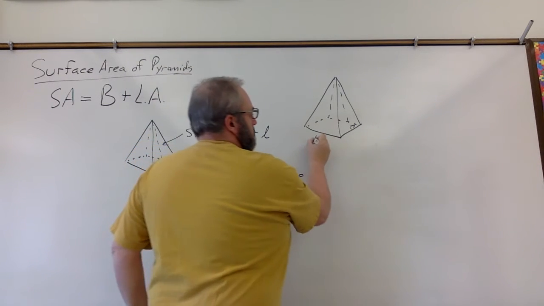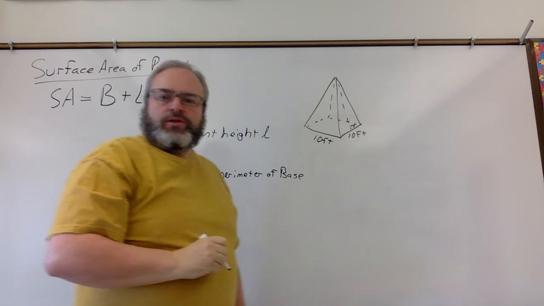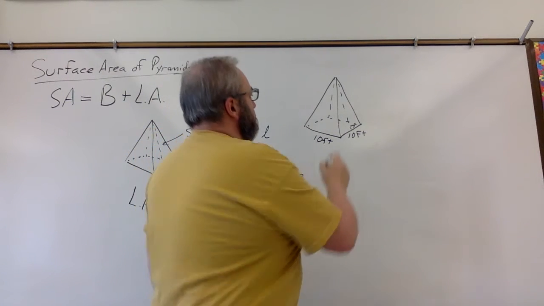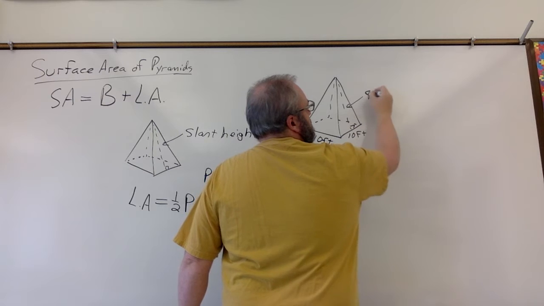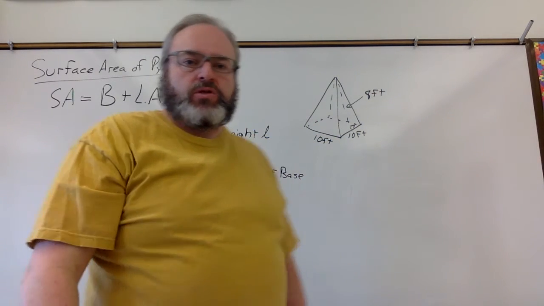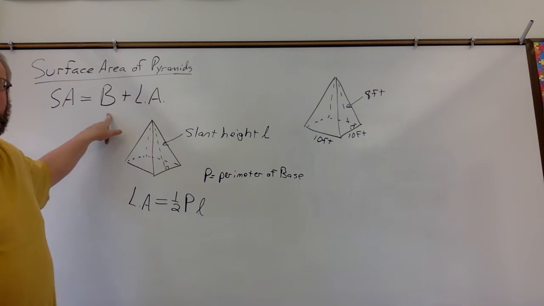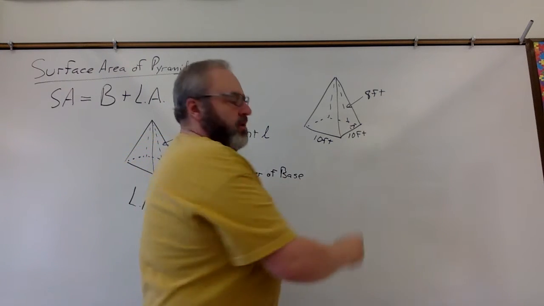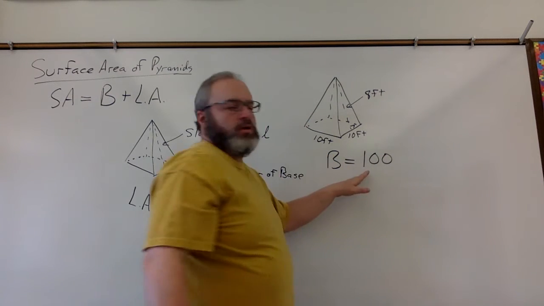Let's say that it is 10 feet by 10 feet across the base, and that our slant height is 8 feet. Okay, so surface area is the area of the base plus the lateral area. So let's start with the area of the base. Base is a square, 10 times 10. So the area of the base is 100, 10 times 10.